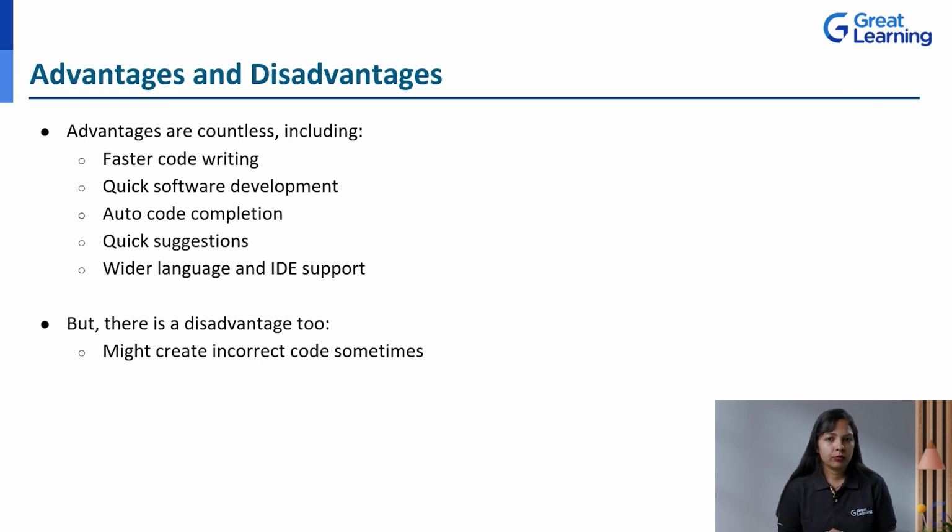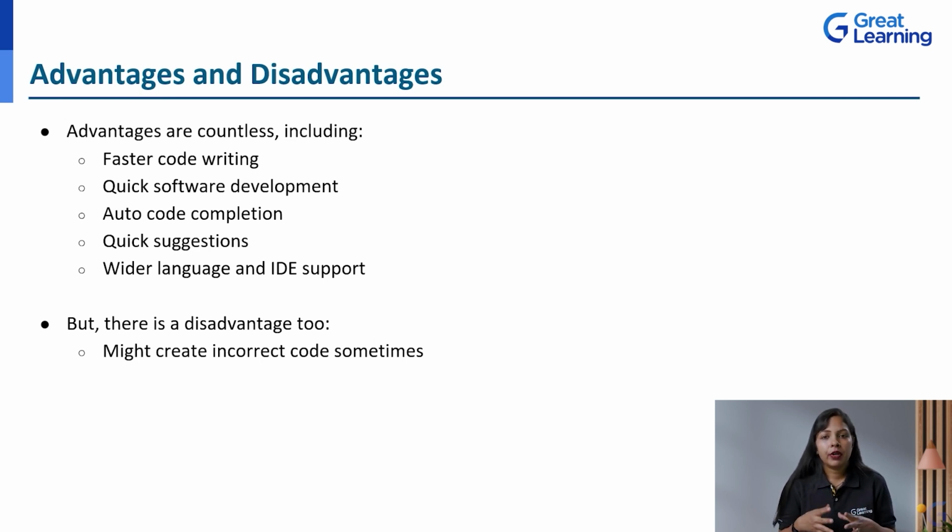But there's a disadvantage to this as well. As I said, GitHub Copilot is not going to read your mind. It's not inside your brain. So definitely you have to give a proper prompt. You have to properly write down the comment on what exactly you want GitHub Copilot to help you with, right?